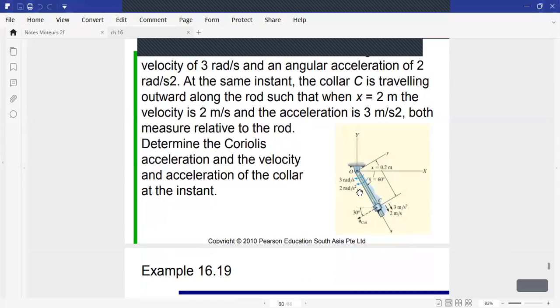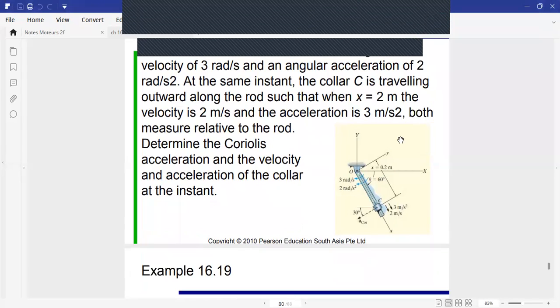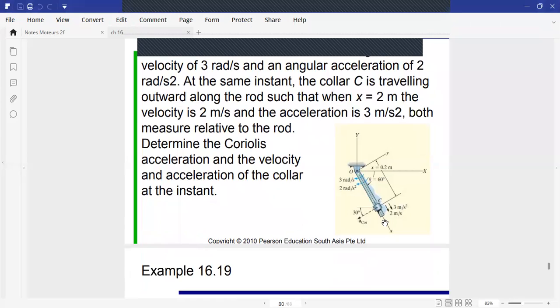On this body I have a particle able to move. What is this particle able to do on the bar? C relative to the bar is doing what? Translation, yes, very good. So I can say that the relative motion of the collar with respect to the rod is a translation.